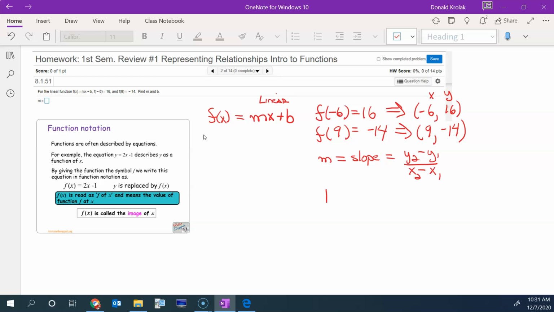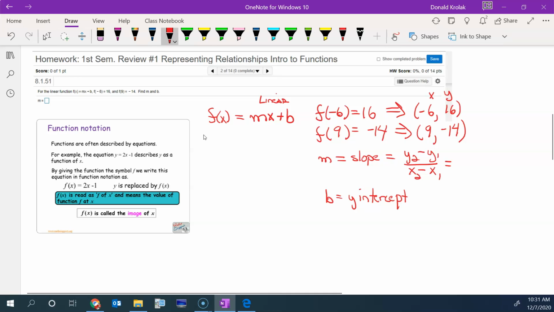The b represents the y-intercept. So I'm going to do my slope first. I'm just going to call this one y2, x2, and this one x1, y1.